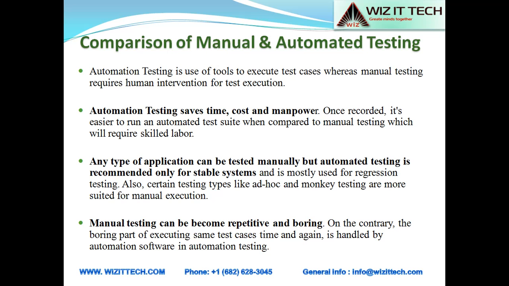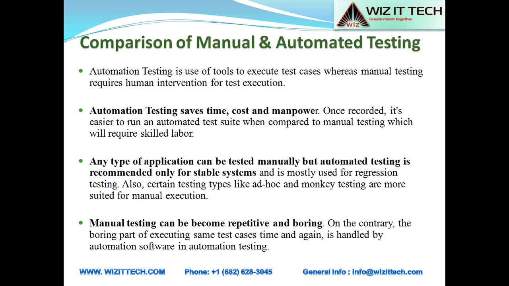Alright. Now let's jump into the comparison between manual and automation testing. Automation testing is nothing but using an automation tool to execute test cases, whereas manual testing performs manual interactions for executing the test cases. Automation testing saves time, cost, and manpower.